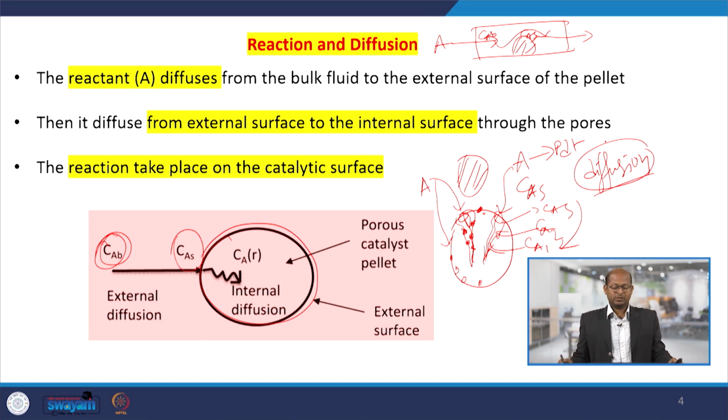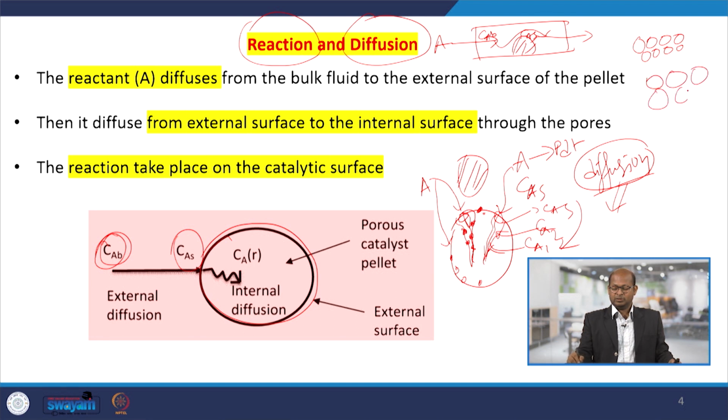So, whenever we consider reactions, along with that we also have to consider diffusions. This diffusion strongly depends on the catalyst particle size. Whenever the reactors are chosen, we can consider a larger catalyst particle size, or this size, or we can consider very small particles.